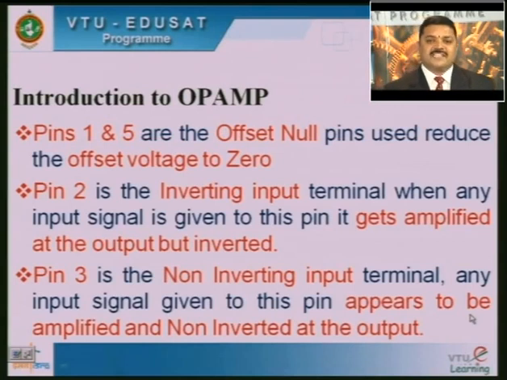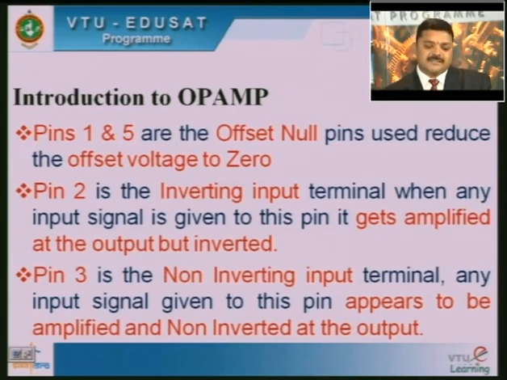What is offset null? I told you I will define that later. See, in the operational amplifier it so happens that even when we don't give any input signals at the positive terminal and negative terminal, because of the transistor action, because transistors are temperature dependent, there may be some output voltage available.